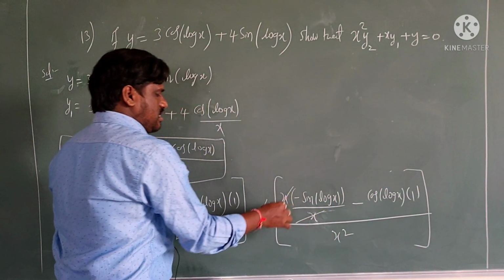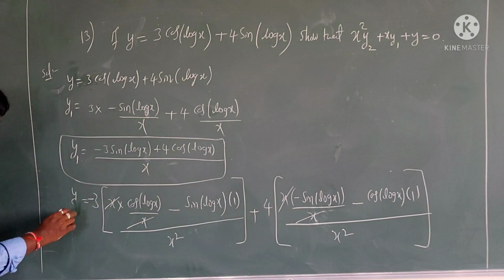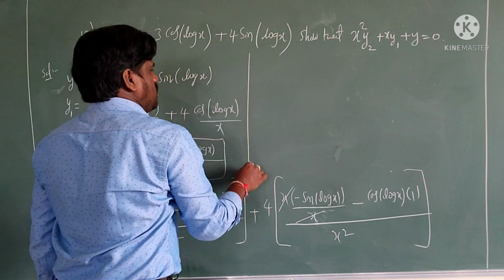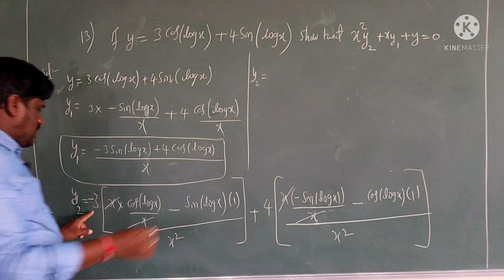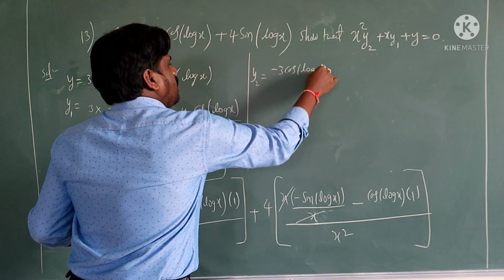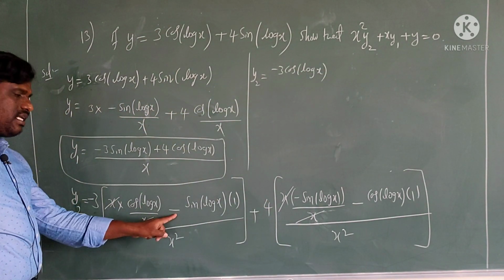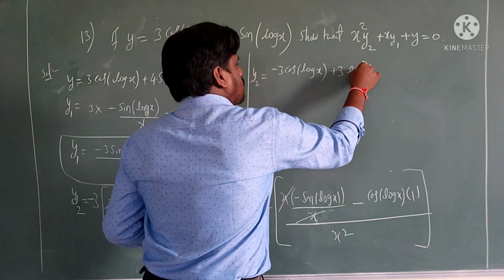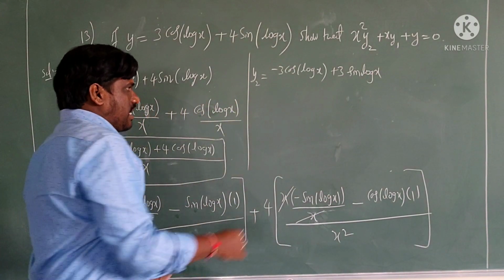So this x and this x cancel. So finally y2 is equal to minus 3 cos log x, minus into minus is plus 3 sin log x plus 3 sin log x, by x squared.